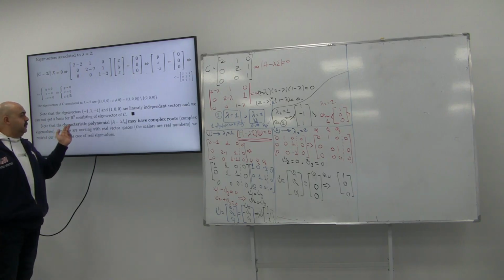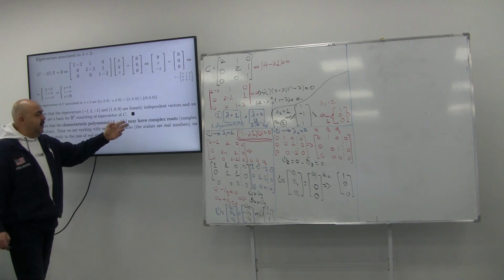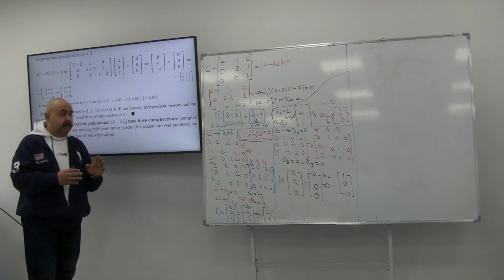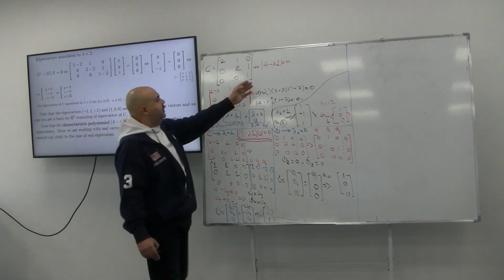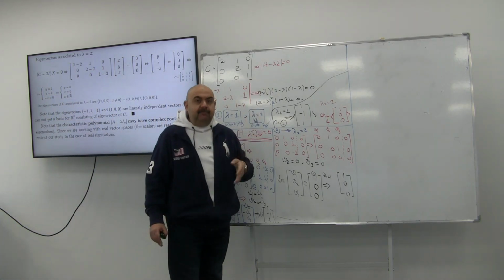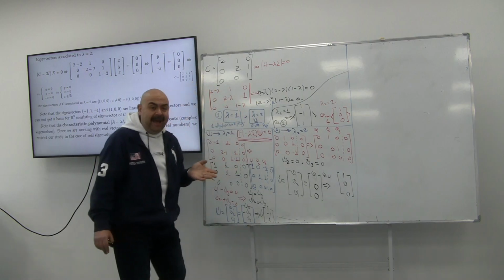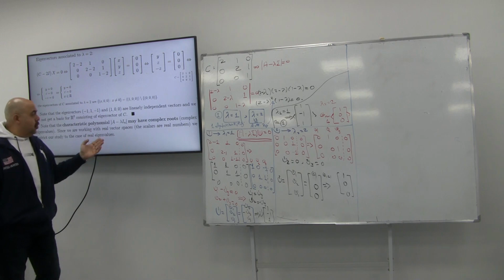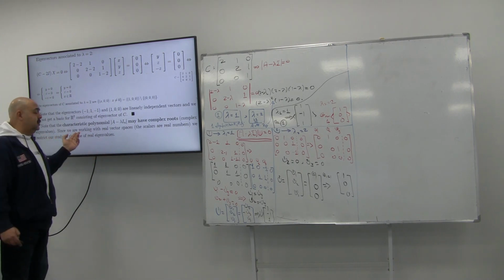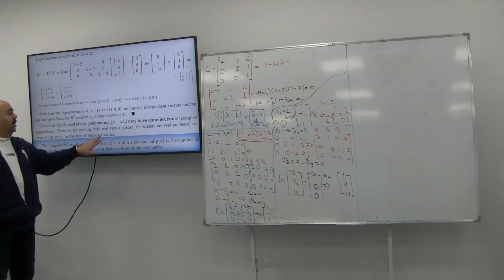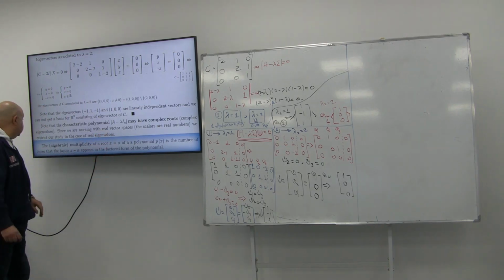Remark that the characteristic polynomial det(A minus lambda I) may have complex roots for another problem. Once you try to get your characteristic equation, for some of these matrices you may have complex roots as eigenvalues, and of course you may have the corresponding eigenvectors also complex.